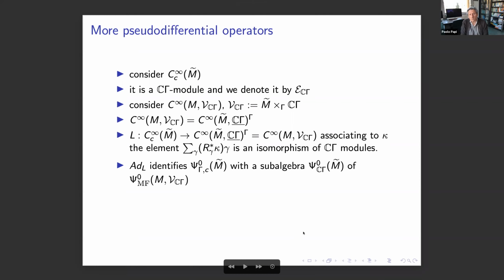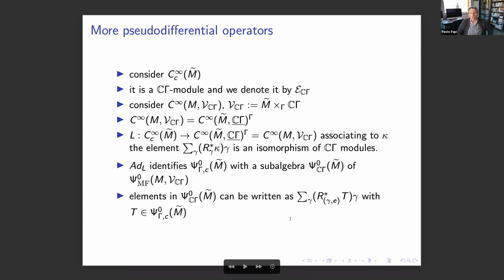Now, the adjoint action of this isomorphism identifies the pseudo-differential operators with gamma-compact support with a certain subalgebra of the Mishchenko-Fomenko pseudo-differential operators. So this is a smaller algebra. The elements of this smaller algebra are, in analogy with what I said before, just obtained by translating with the right action pseudo-differential operators on M tilde.